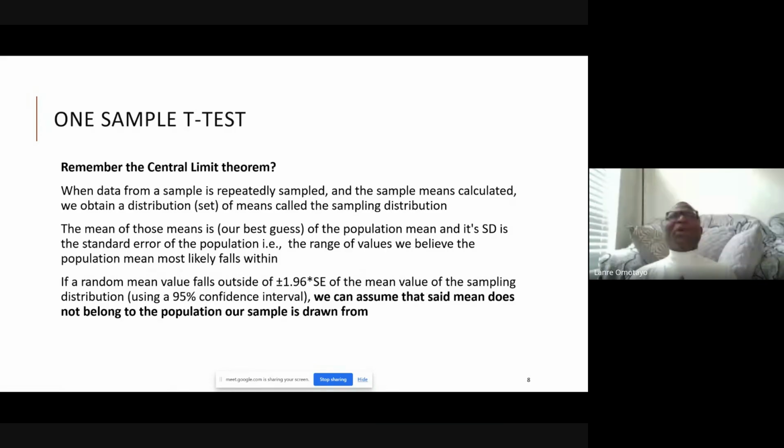So we will get a point estimate from our sample, right? We will get a standard deviation from our sample, and a standard error from our sample.